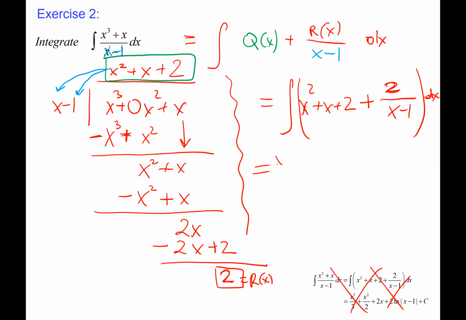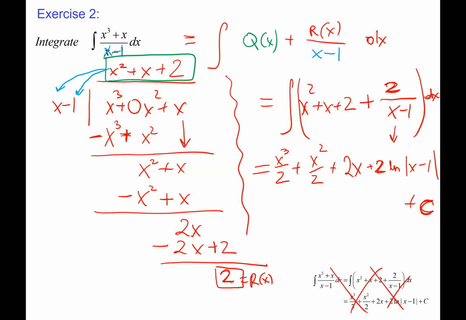The integral of x squared is this, the integral of x is this, the integral of 2 is just 2x, and the integral of that part is 2 ln of the denominator, plus the constant of integration. But we can see that's the process if the function is an improper rational function.